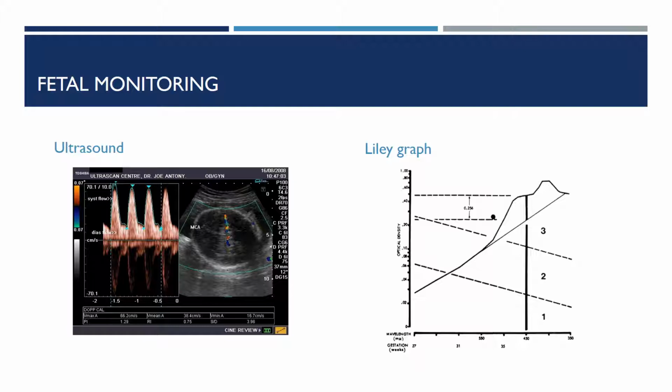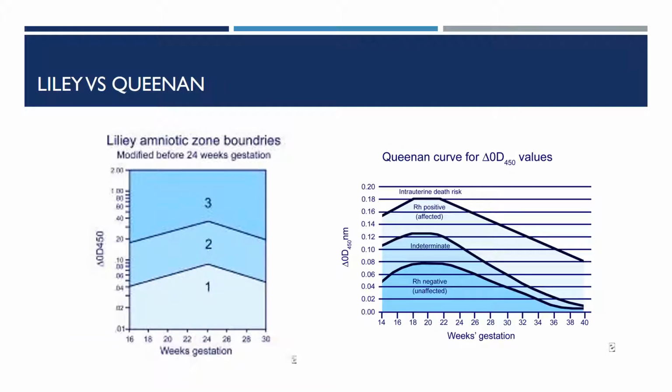Then you take this information and you go to these graphs, and you go based on the week's gestation. Here's your concentration, but now your X line is your week's gestation, and you can see the 3 zones that you're in. Zone 3 being the worst possible scenario, and the pregnancy probably has to end.